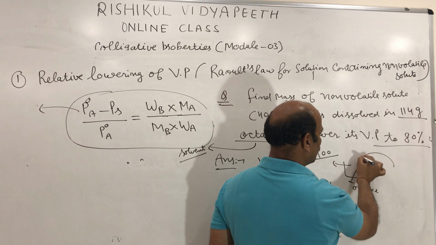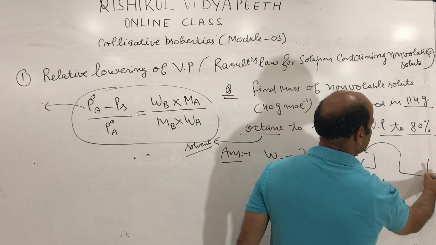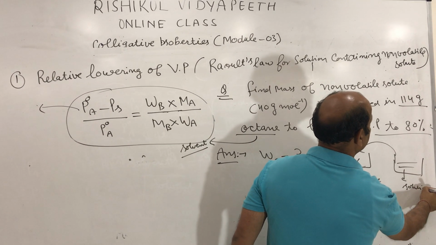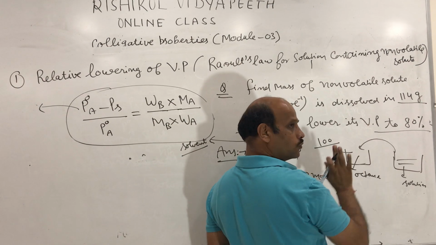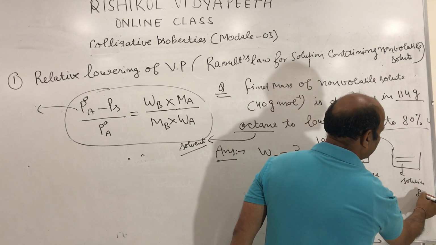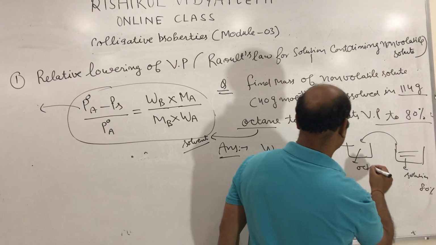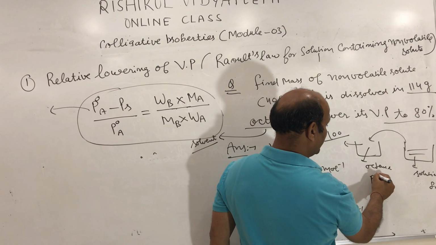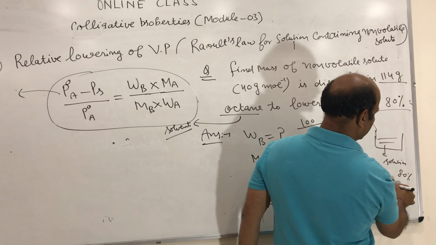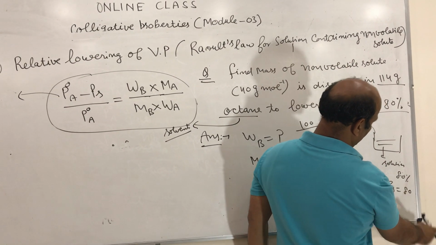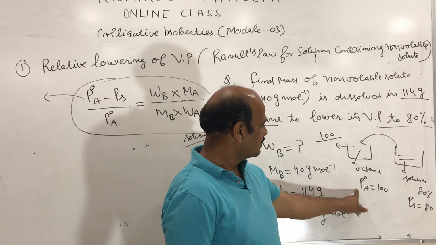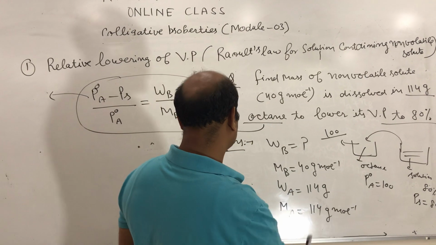Now if we add non-volatile solute, vapor pressure goes on decreasing. This comes to 80%. This is P°A, this is PS. You know, vapor pressure of solution is always lower than the pure solvent.